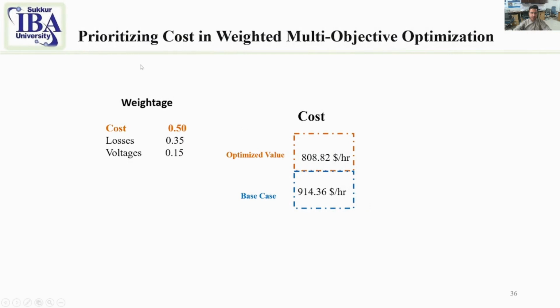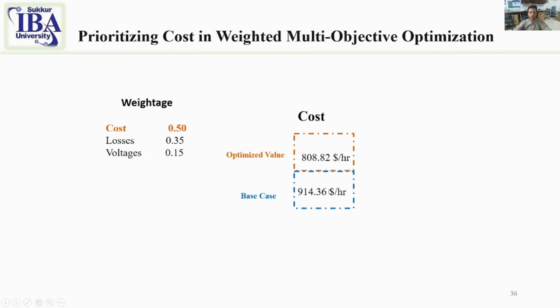After that, we prioritize the cost. Means we give 50% weightage to the cost. That means we want the cost in our system to be reduced more. So you can see here the result. The cost is reduced to 808.82 when we gave the weightage more than the losses and voltage.